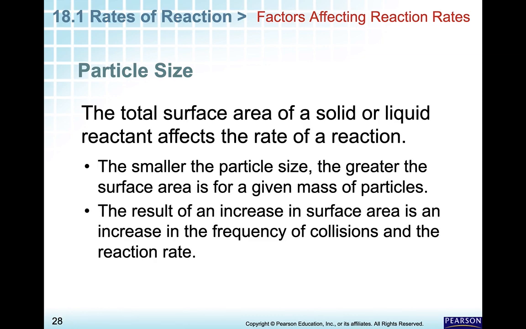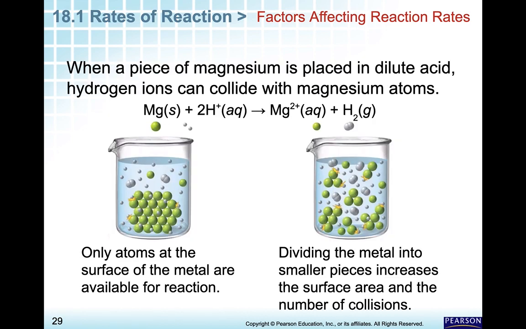Making them smaller will increase their surface area, increase the particles that are exposed and available for collisions, and so by increasing the frequency of collisions, we can increase the reaction rate. Here's a picture to demonstrate this.